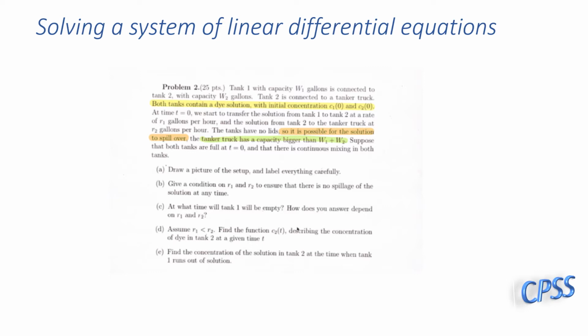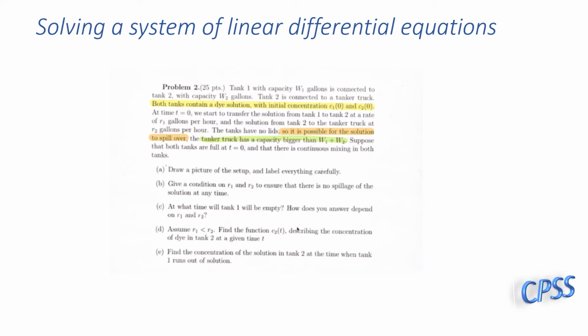At time t equals 0, we start to transfer the solution from tank 1 to tank 2 at a rate of R1 gallons per hour. That's a rate. And the solution from tank 2 to the tanker truck at R2 gallons per hour.